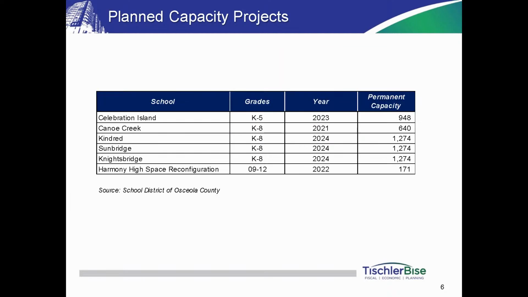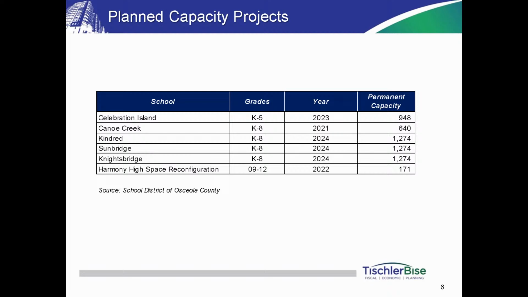Now, does that include, because we had COVID, those digital students as well? It would include our digital students who are attached to their home zone school. It does not include students who are enrolled at Osceola Virtual School, because it's not brick and mortar. But the assumption is that our digital students are coming back into the building. That's what I was going to say, because it looks like we're under capacity, but if they come back, then we're not. Right.